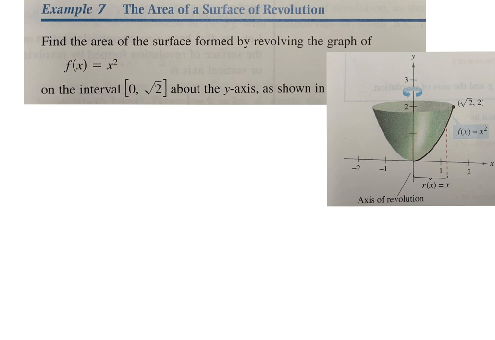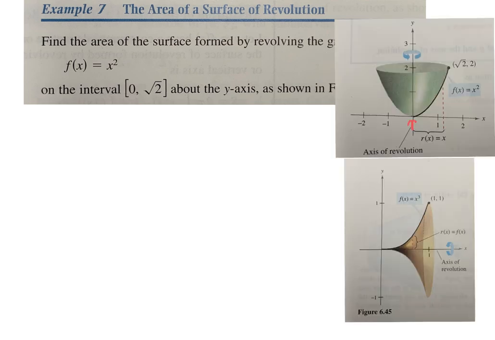So now when I am talking about the distance from my axis of revolution, it's going to be a little different from the other one. When I did that one, I was revolving around this axis, so the distance from my axis to the line was my y value, which is represented by the function.